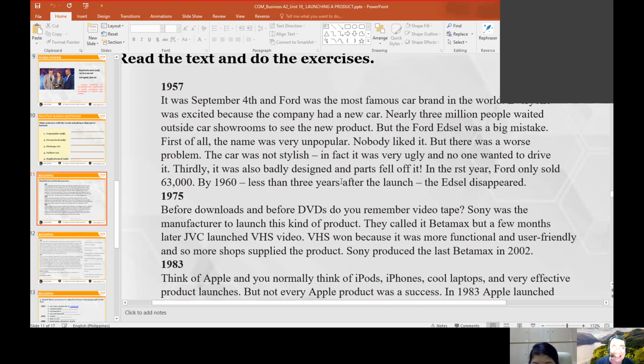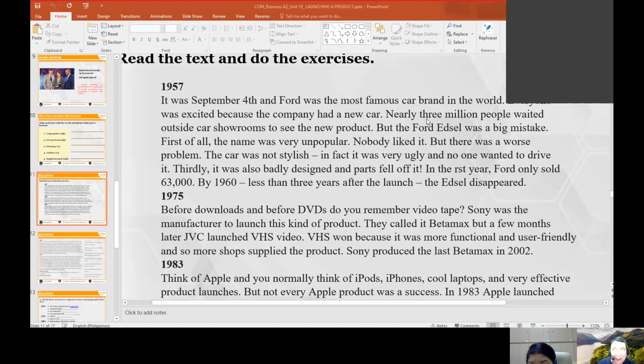This is also an advertisement in 1957. Can you read this one, Toy? It was September 4th, and Ford was the most famous car brand in the world. Everyone was excited because the company had a new car.